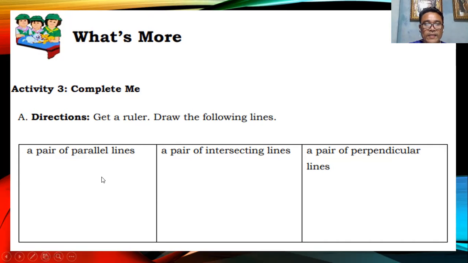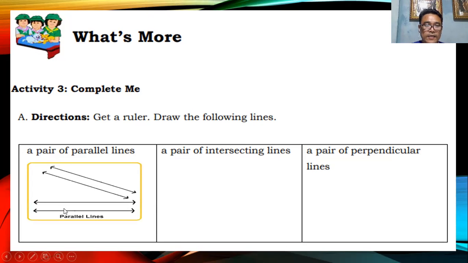Let's check it. And let us see if your drawings are correct. A pair of parallel lines. It can be like this or this one. So these are parallel lines. Next, a pair of intersecting lines.